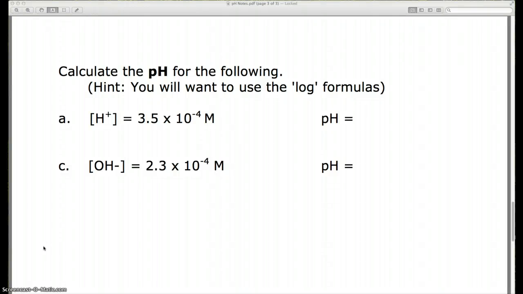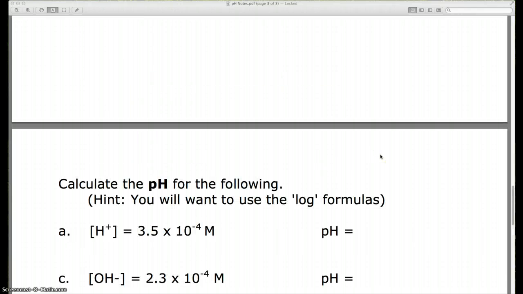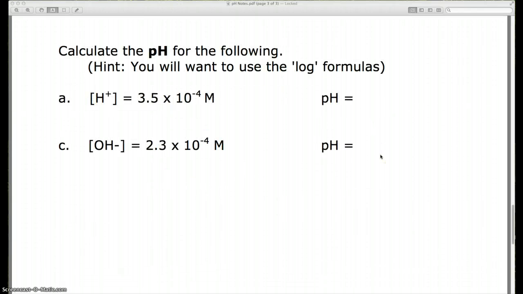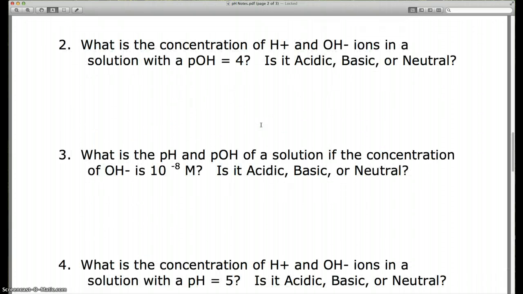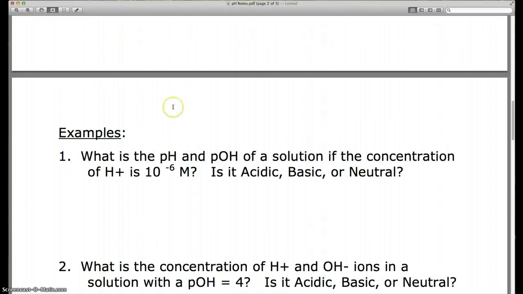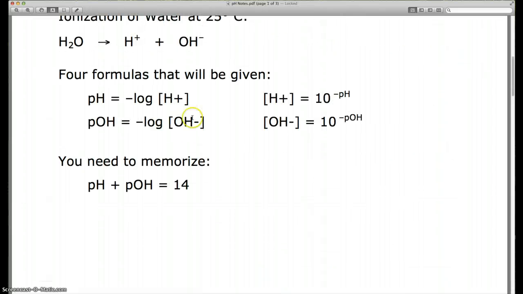Okay, this is just a quick video to do these last two pH examples. And these are different from the previous examples we did, again, because they have these numbers out front. The examples we did before were just 10 to the negative some number. They didn't have numbers out front.